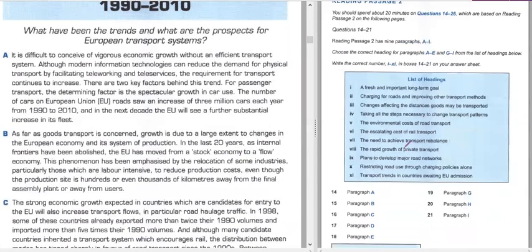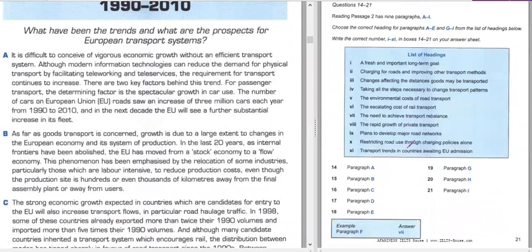So usually I've seen many YouTube videos. So I decided to go according to them: I read the first line of the paragraph, take an idea of it, and then I read the list of headings which have been given on the question sheet, and then I tally, and then I read the paragraph and go along with it.